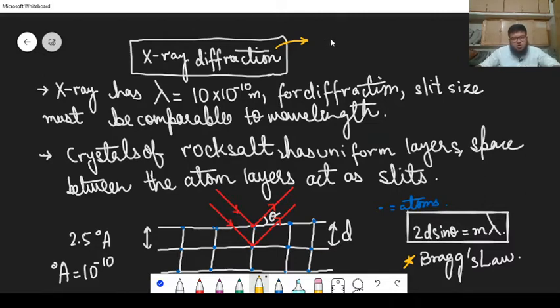Right, small narrow opening means that when it passes through a slit which is comparable to the size of the wavelength of the wave. X-rays are of the order of 10 raised to the power of minus 10 meters.